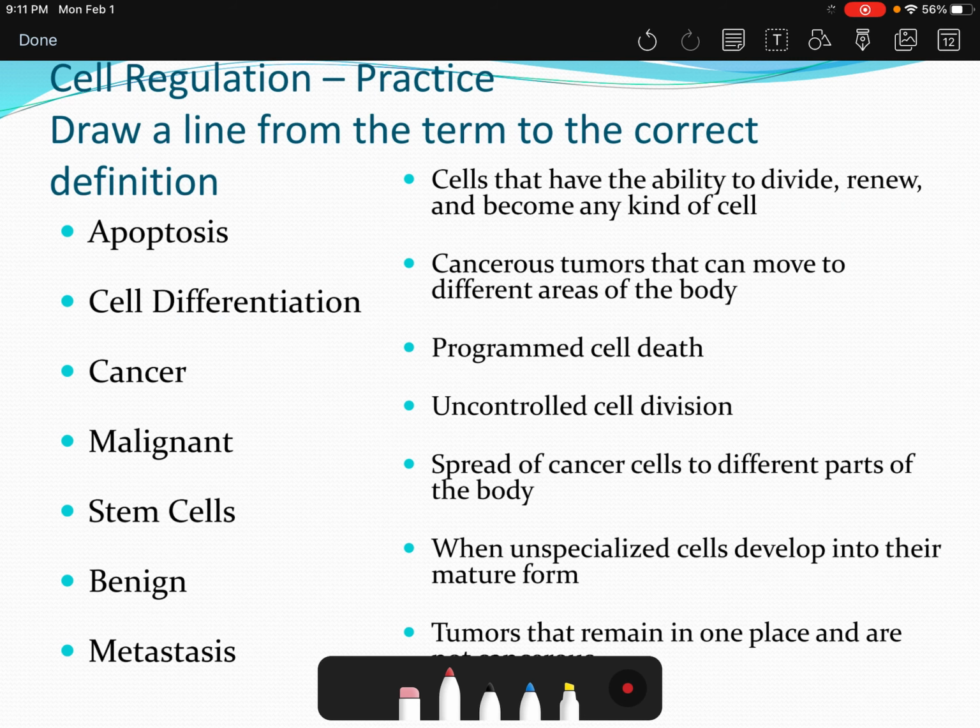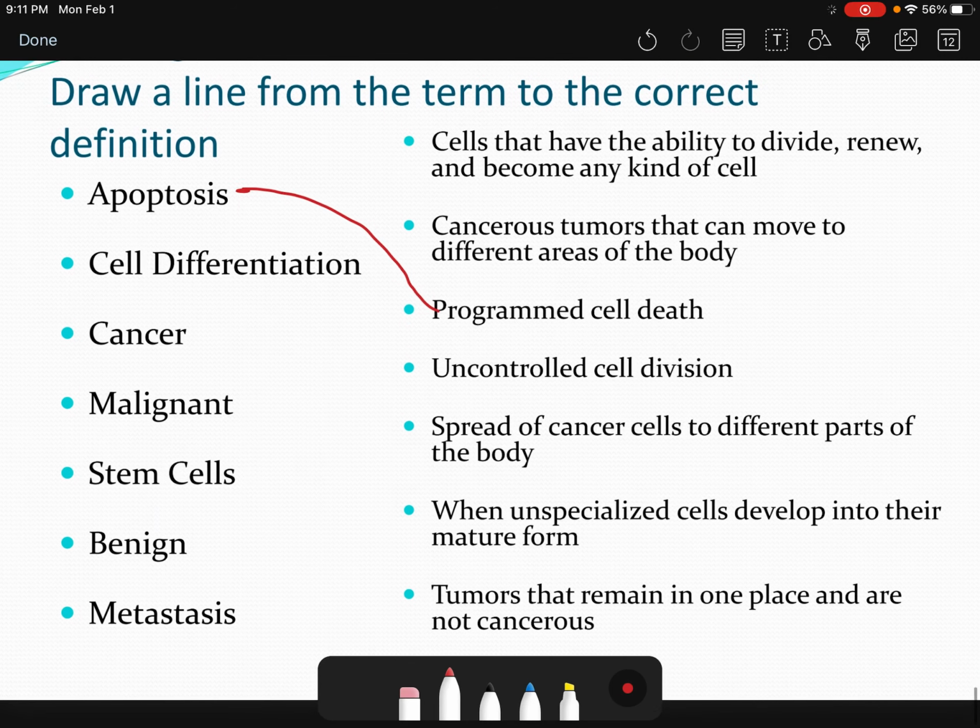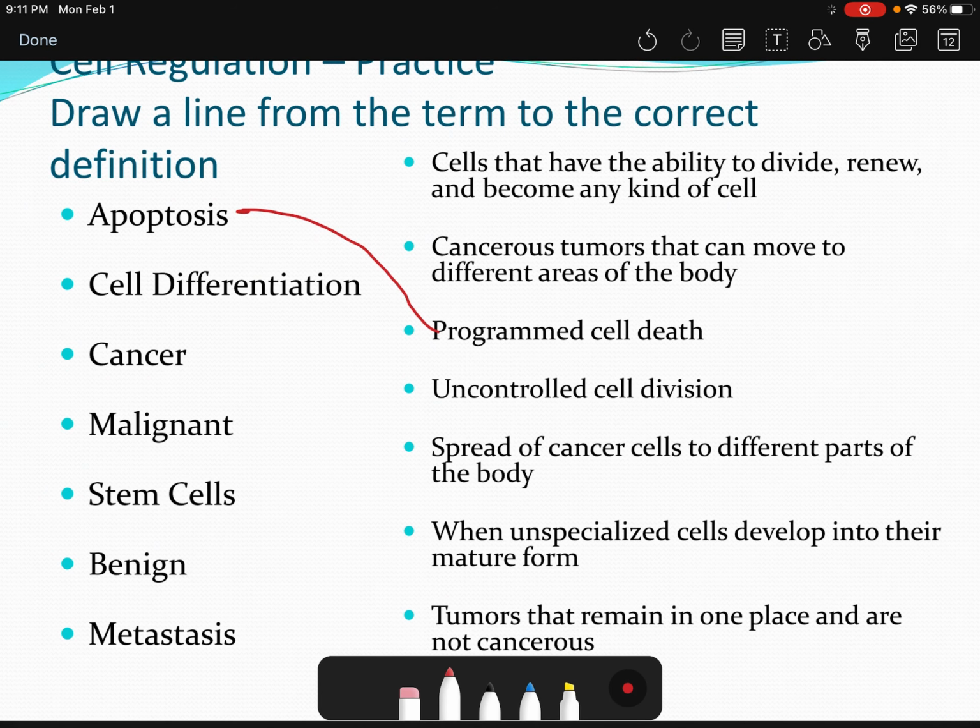So apoptosis, remember that was programmed cell death. Our body purposely kills off some cells to help shape our body. Cell differentiation. Let's see. When unspecialized cells develop into the mature form. Cancer. That's uncontrolled cell division.